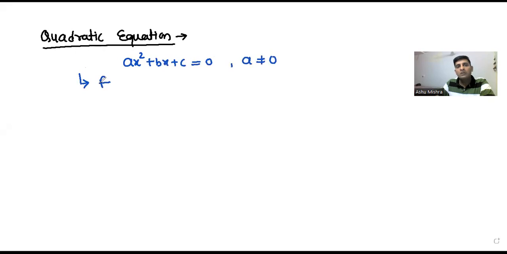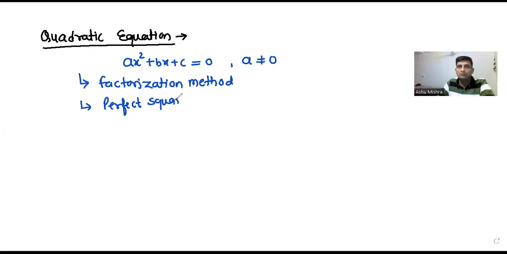The first one is the factorization method. The second one is the perfect square method. The third one is the quadratic formula.